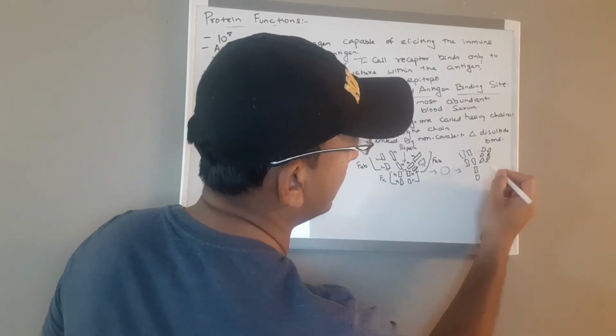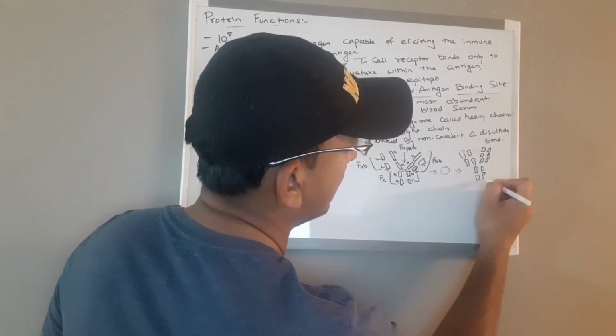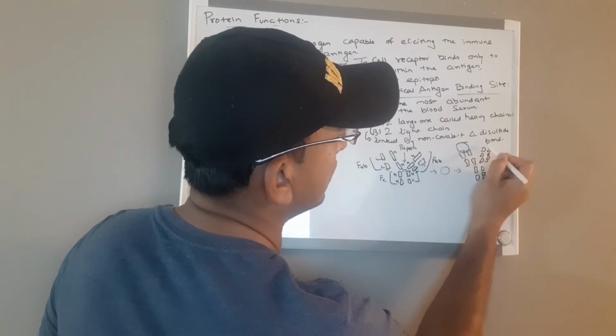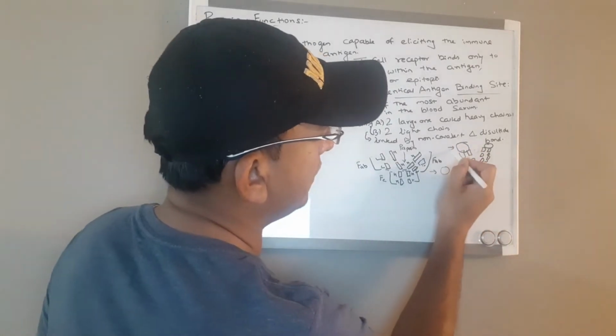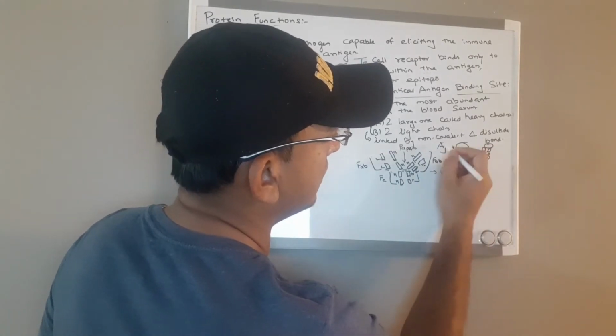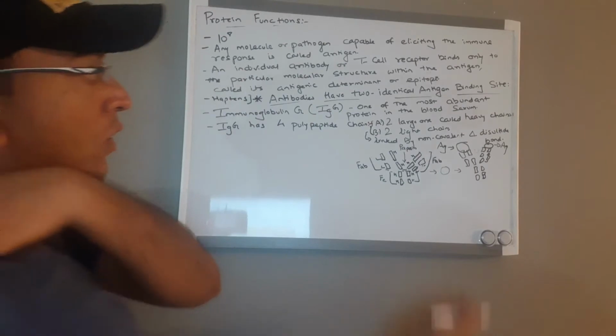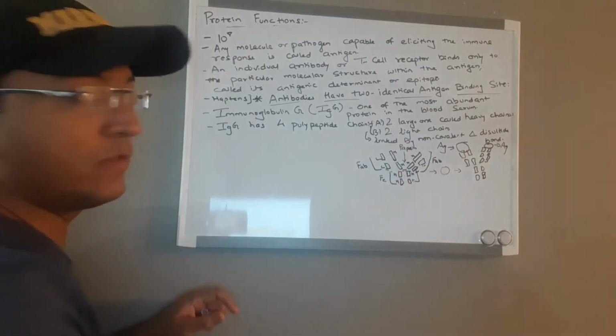Something like this. So this is where the antigen will bind. I will just write AG for the antigen. These are the two antigen binding sites.